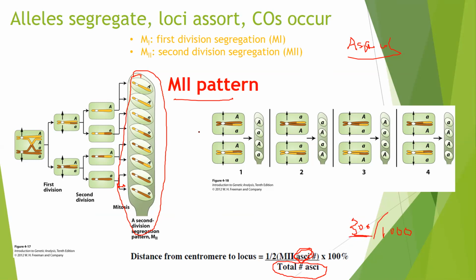But if you look at each of these M2 pattern asci, you're going to see only half of the progeny within this ascus are parental type, and half of them are the recombinants. These are the recombinants. So that's why we want to multiply this by 1/2.